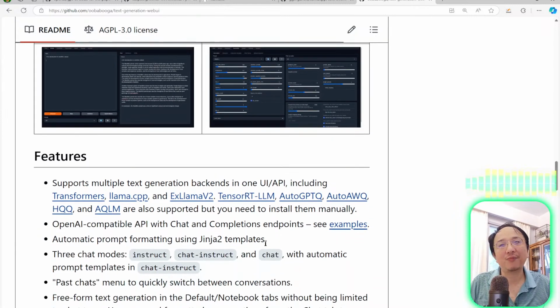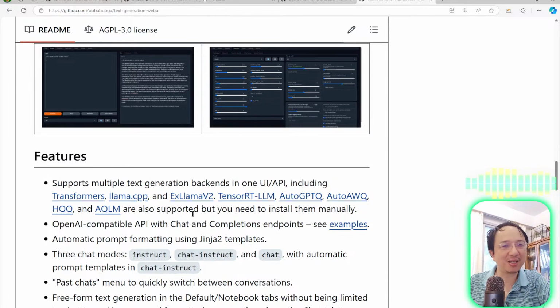However, it still has some benefits because it supports a lot of different backends like Transformers, llama.cpp, ExLlamaV2, TensorRT-LLM, AutoGPTQ, and AutoAWQ. Any backend you can name kind of has some support, and it has a web user interface, so I think it's still quite useful.